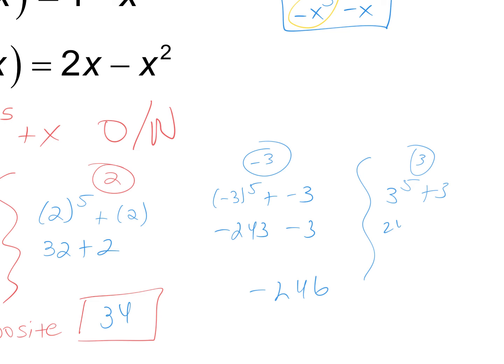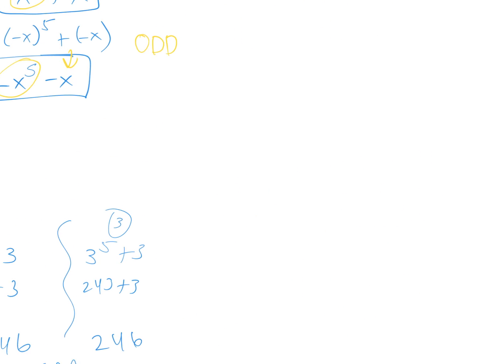Over here I have 243 plus 3 gives me positive 246. What is the relationship between negative 246 and positive 246? They're what? Are they opposites? Yeah. So then it's an odd function. I'm not concerned too much about what your numerical answer is. You want to compare the relationship between the two answers. All right, let's look at B. What does B say?